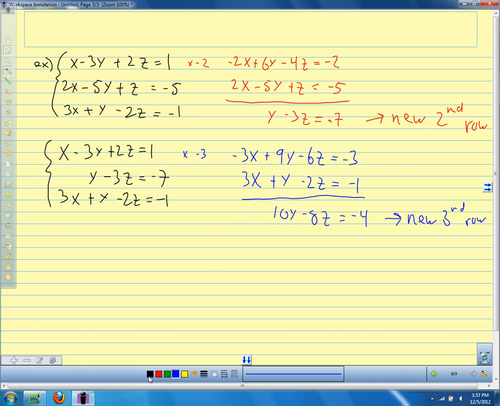So now I'm going to rewrite my system with my new third row. x minus 3y plus 2z equals 1. y minus 3z equals negative 7. And 10y minus 8z equals negative 4.